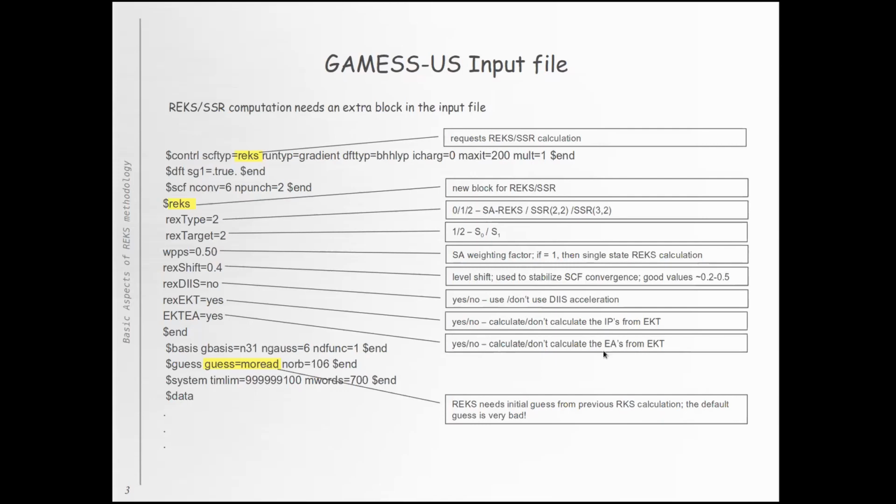So it's either one or the other, either IP or EA, not both together, because the two calculations slightly differ and I was too lazy to put them into one package. If you want IPs, you run one calculation; if you want electron affinities, you run another. That's how it is at the moment.